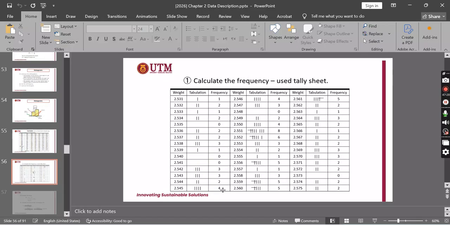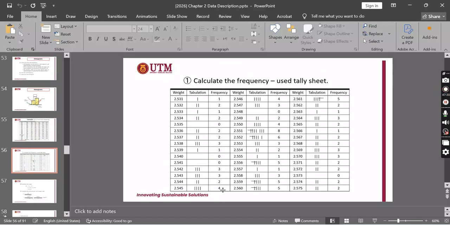Before that, you can make this frequency table, converting ungrouped data to grouped data according to the numbers, without using classes here. This is the frequency of the whole data set that we have.